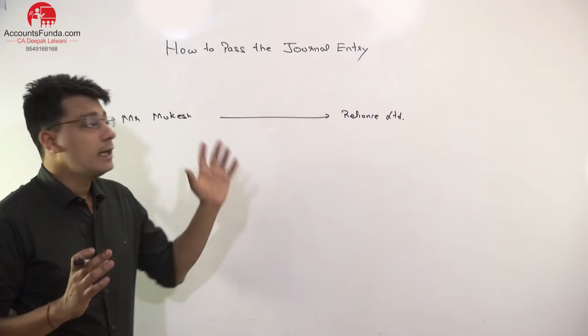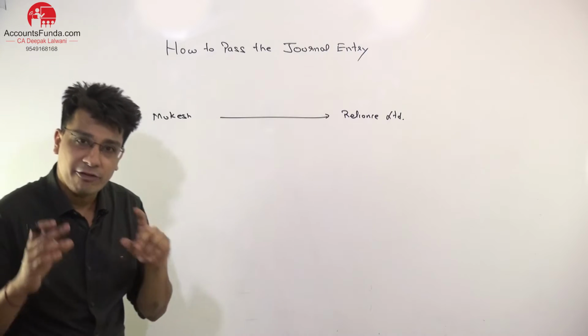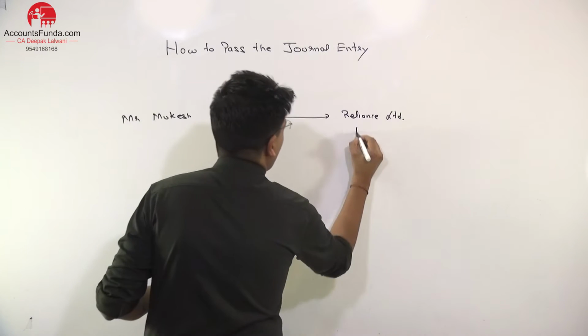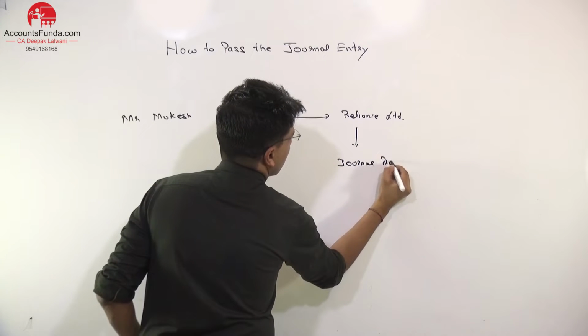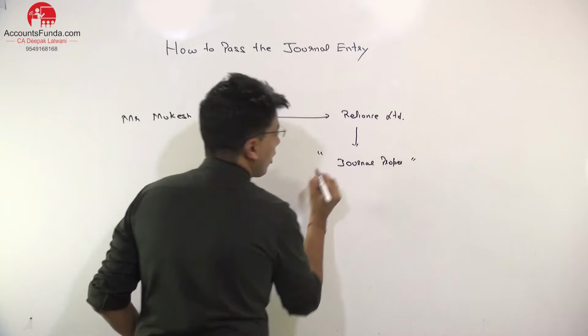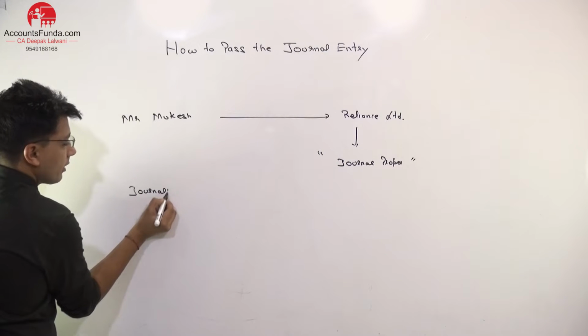They have said that Reliance Limited will record each and every transaction as and when it takes place in a book called the General Journal. What is this book called? The General Journal. So what is the journal?